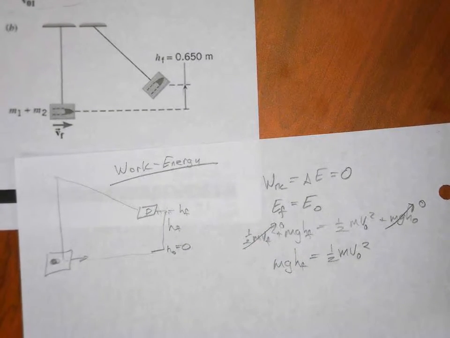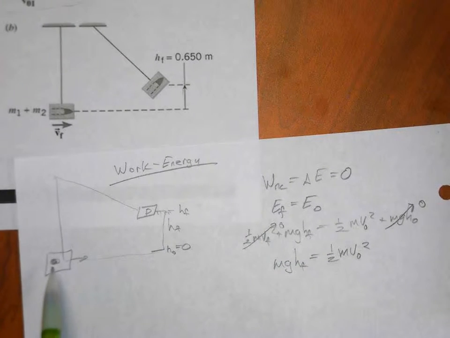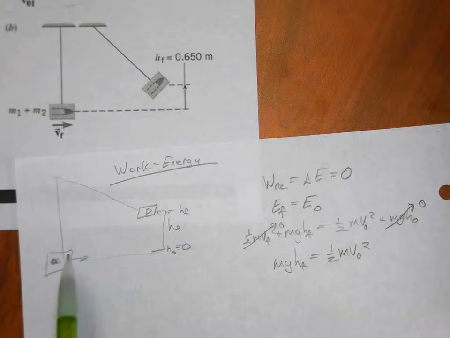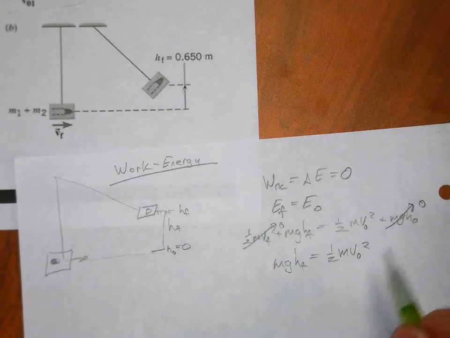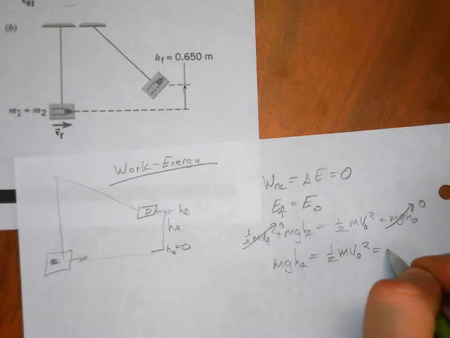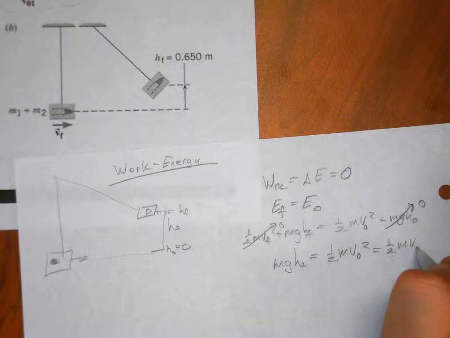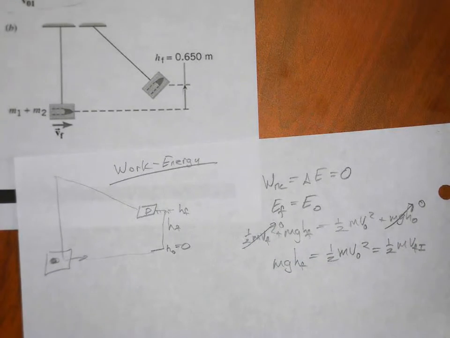This is where things are going to get a little confusing, because the initial velocity in the second half of the problem is equal to the final velocity in part 1.